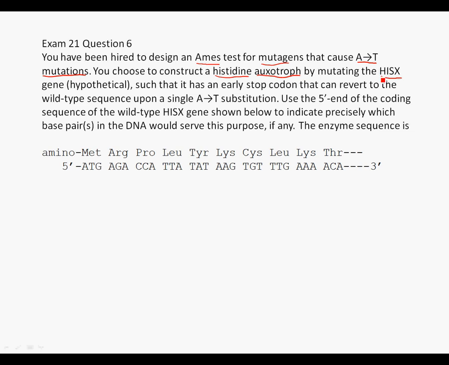In this case, it's a hypothetical His gene involved in histidine biosynthesis, such that this bacterial strain will not grow on minimal medium, but needs to have supplement with histidine.